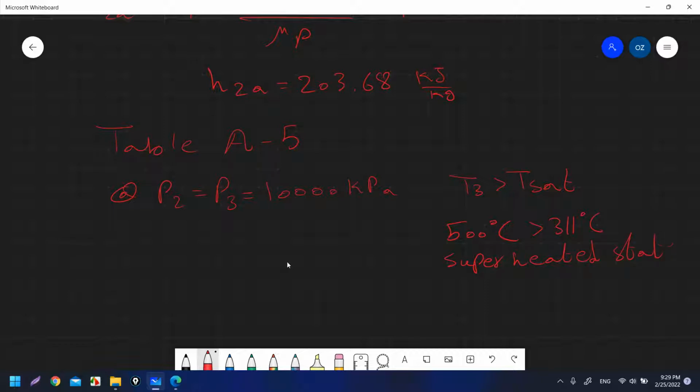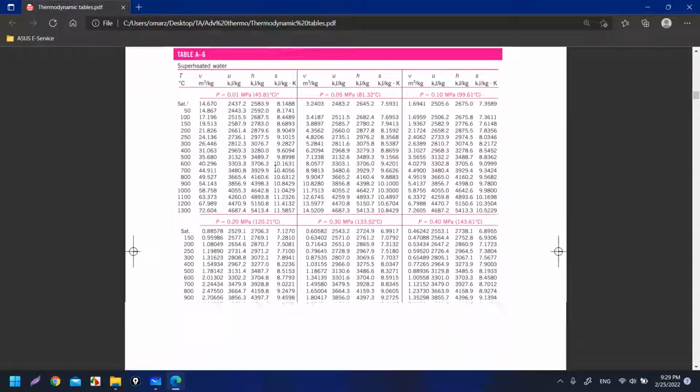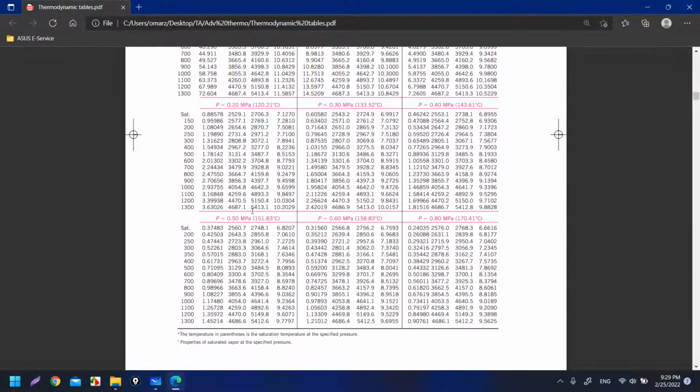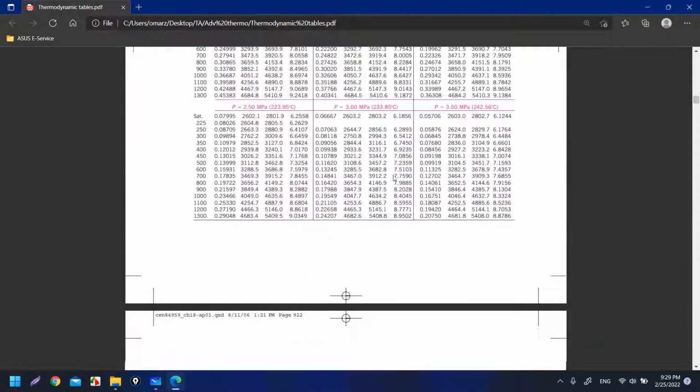So I will go to table A6, the superheated table for steam. 10,000 kilopascal means 10 megapascal, so divide by 1,000.